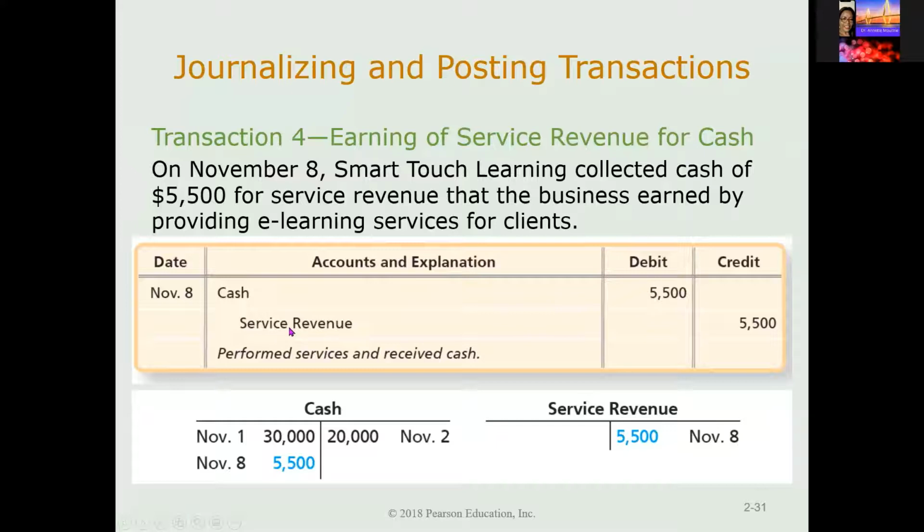Okay? It's a service revenue. So service revenue is credited. The two accounts involved are cash, which is an asset, and service revenue, which is equity. So cash increases with a debit, and service revenue increases with a credit.